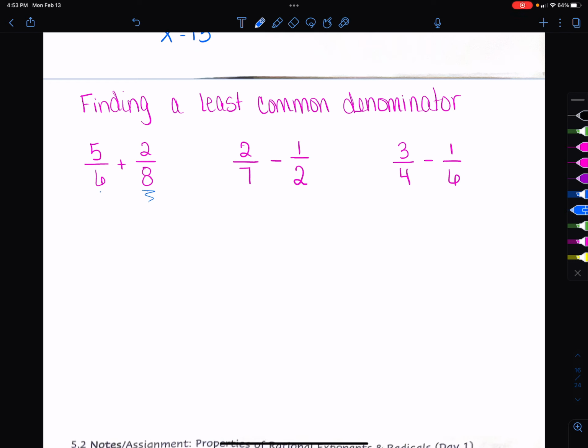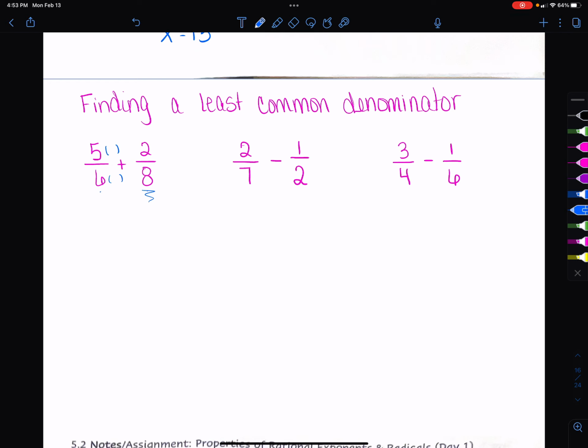I could multiply 6 times 8, and you're able to do that, but you then would have to remember to reduce that fraction at the end. I ask myself, is there something that I can multiply 6 by to make it 8? And if I do, I need to also multiply that numerator by the same value. Well, there isn't anything that I can do.